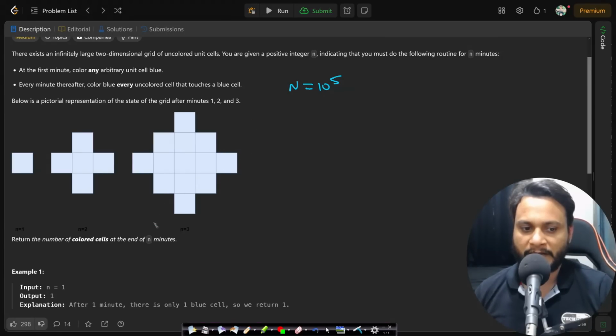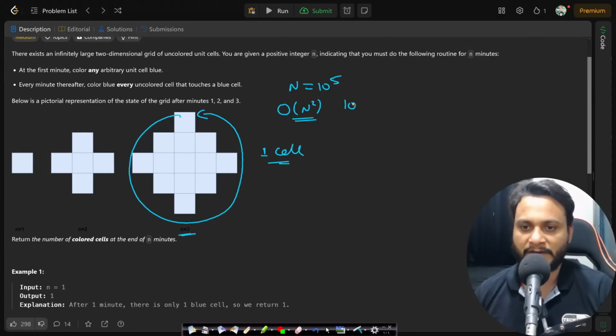Because for every n value, we are not coloring n cells. We are coloring approximately boundary number of cells and even more. So you might end up writing an order of n square algorithm if you apply BFS, and definitely it will be 10 to the power of 10, so it can fail. Okay, so no need to go for BFS or DFS.